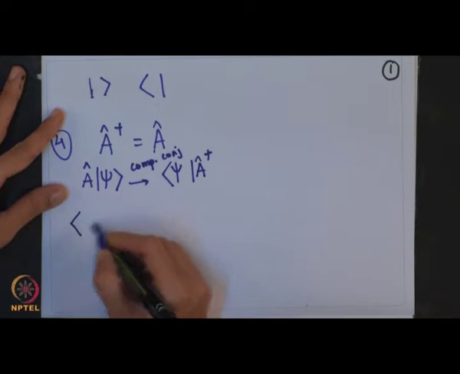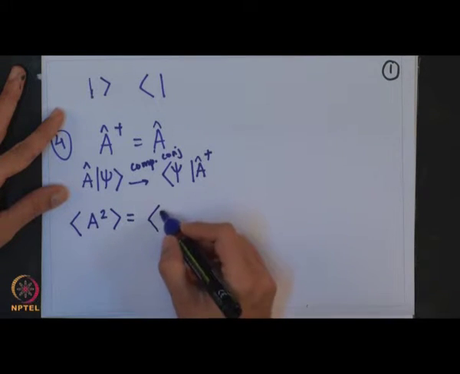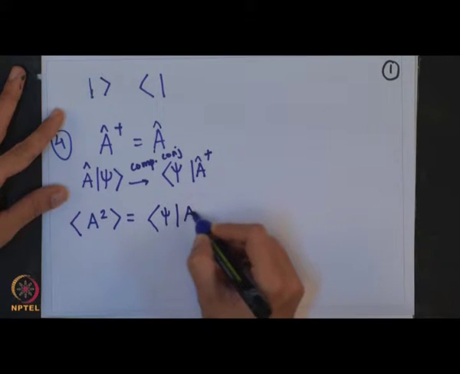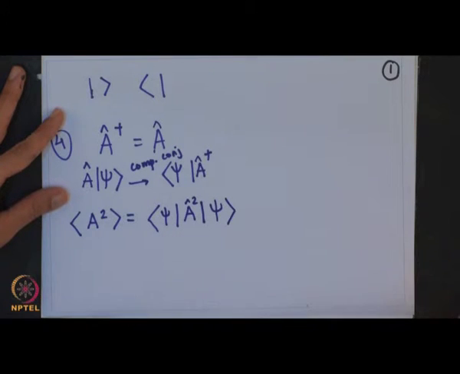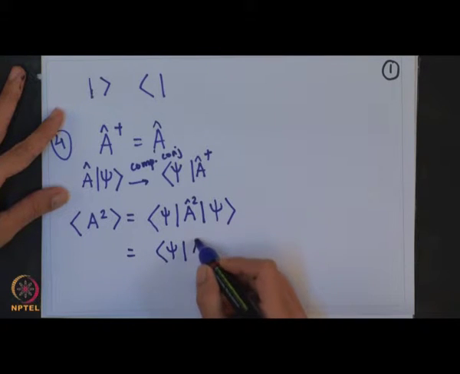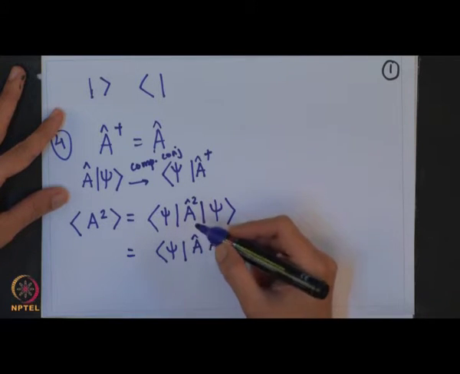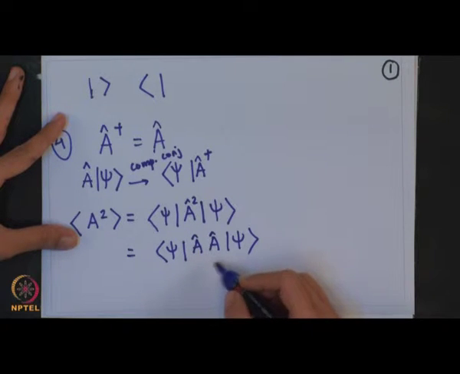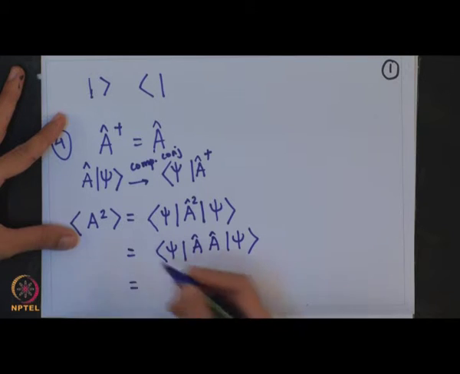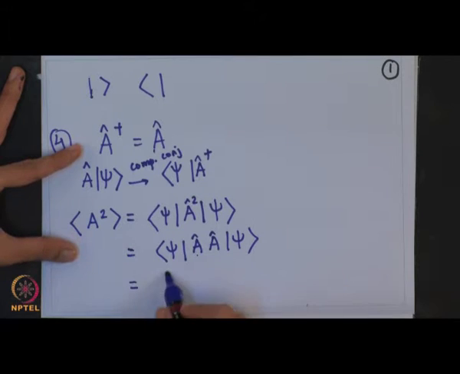So, let me write this expectation value of A square as psi A square psi, correct. Now, you have to use this and the hint I gave you before. So, A square I can write as A dagger A. Now, we know that A dagger is A.